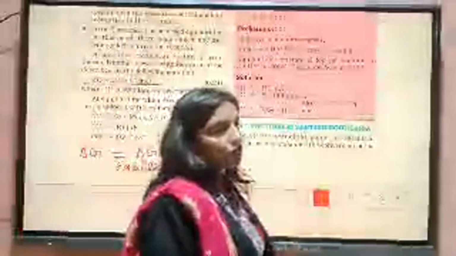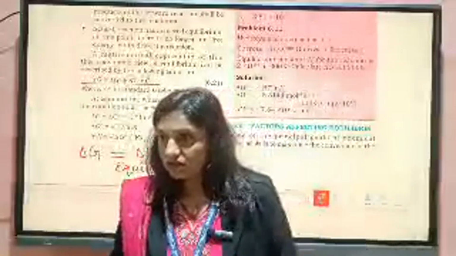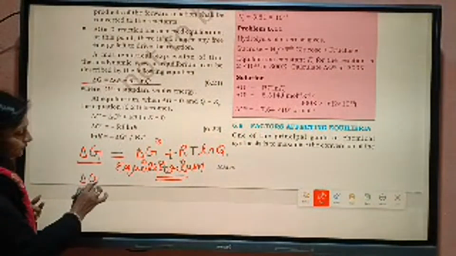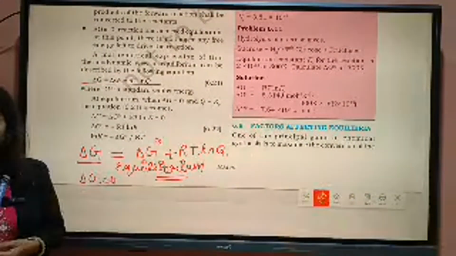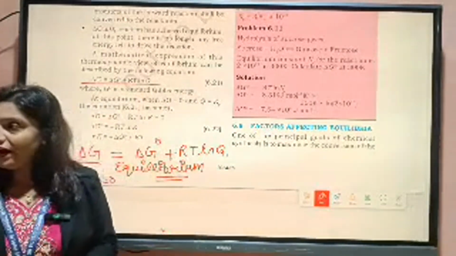So they are also reacting, but in the equilibrium state the total reactant and product concentration is equal, it is the same, it is constant. So that's why students, this Gibbs free energy change will be zero at equilibrium. And already I told you del G will be zero at equilibrium.